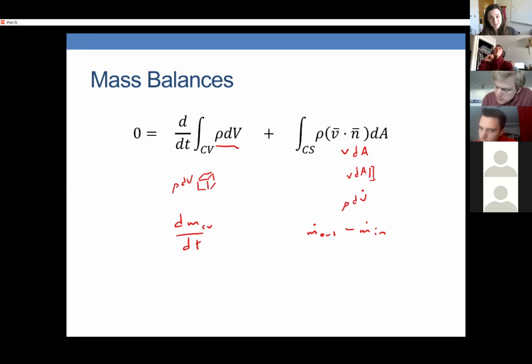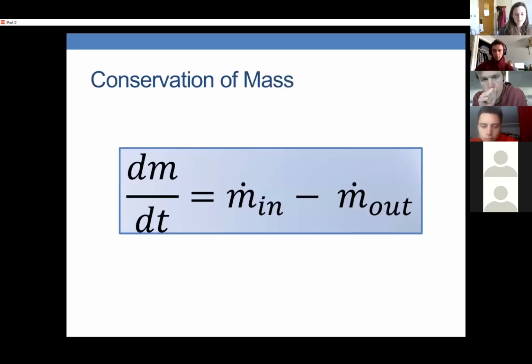The control surface has n, the vector that shows the direction normal to that surface. So it just shows what stuff is flowing out that way. All right. You get this.